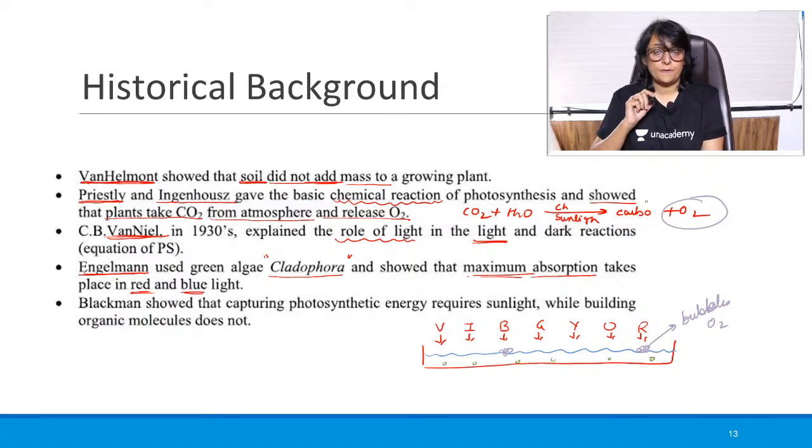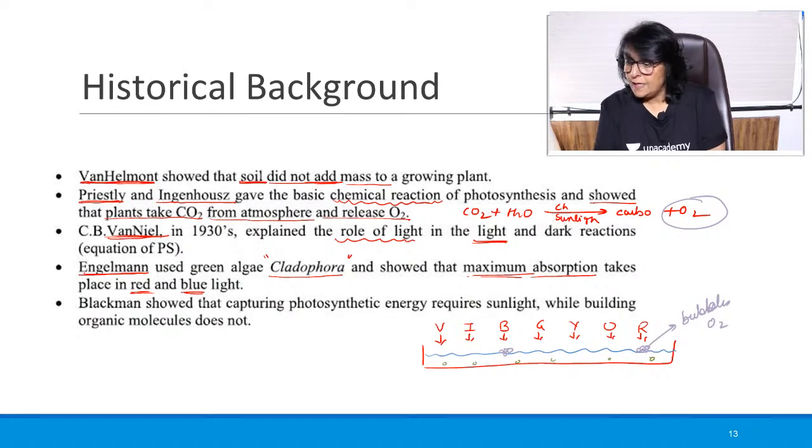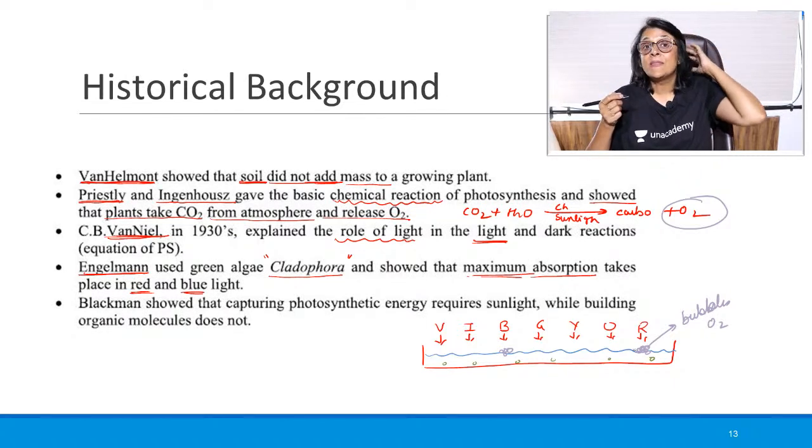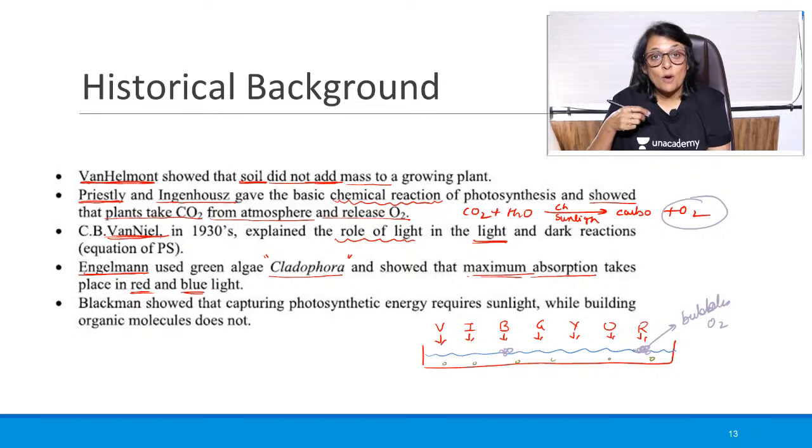So if in these two areas more and more oxygen is being produced, that means more and more process must be taking place here. And how can that process take place? Unless and until the light is absorbed. That means these are the areas where maximum absorption of light took place, and that is where maximum action was taking place.